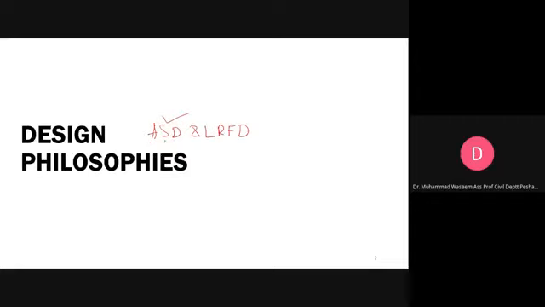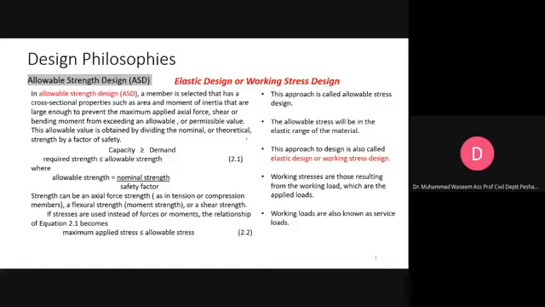They are known as allowable stress or allowable strength design, and load and resistance factor design. First we will talk about ASD, the allowable strength design philosophy, which is also known as elastic design or working stress design.